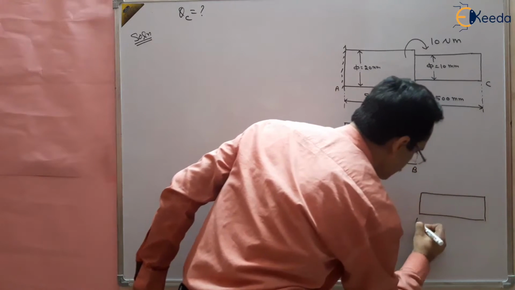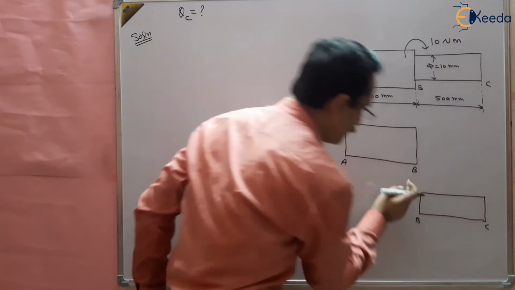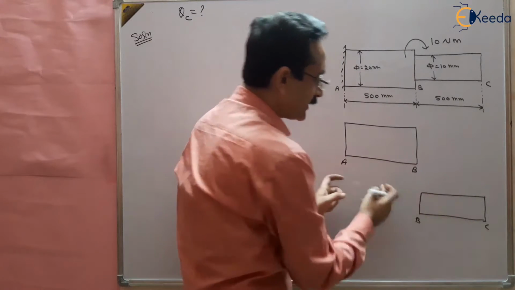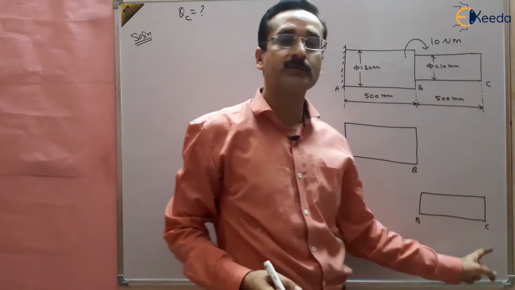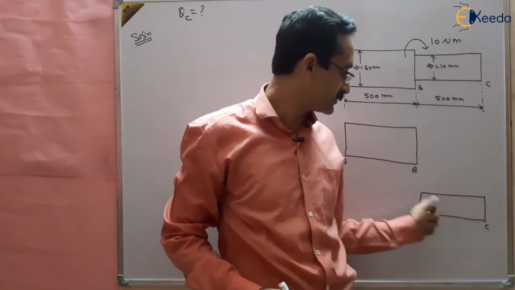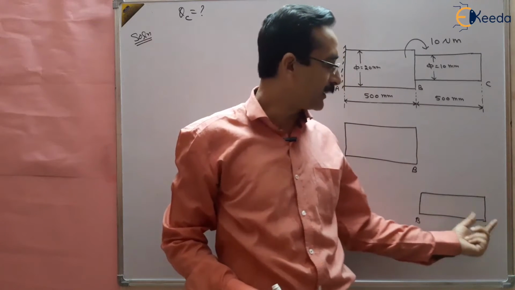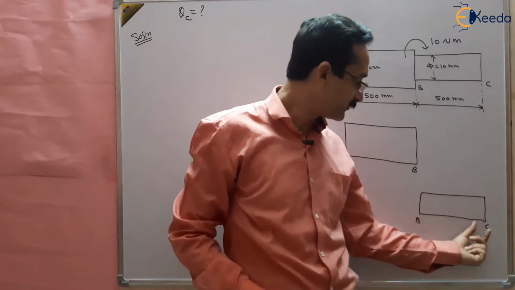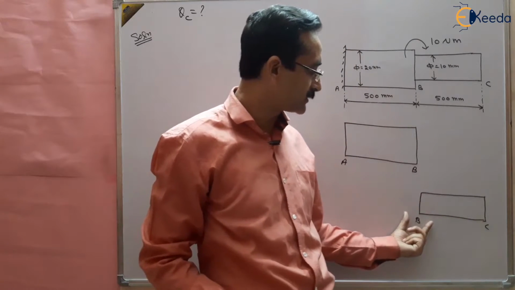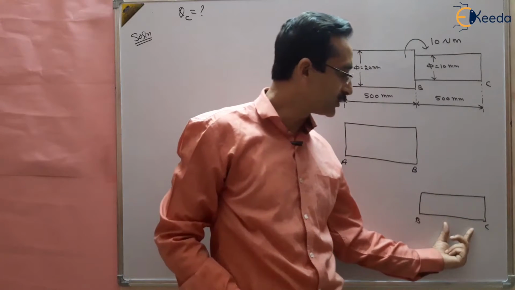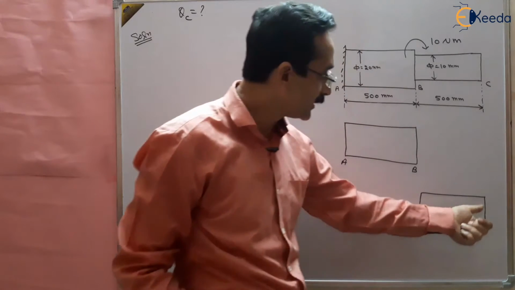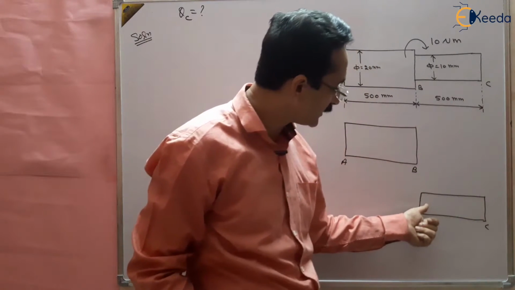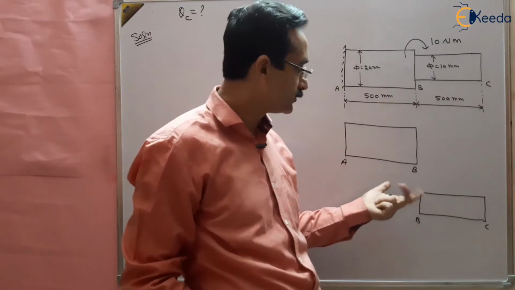Point B is common to BC as well as AB, but point C is not common to any other point of the shaft. Whatever torque is at C, the same torque in the opposite direction should be at B, so that the body is in static equilibrium. But there is no torque at point C, that is why the torque in BC at B should be equal to 0.